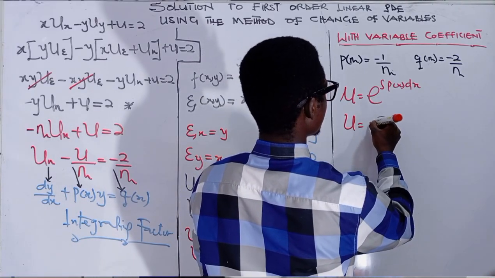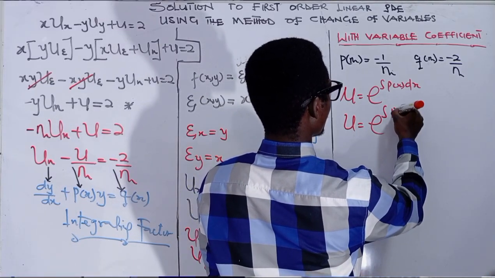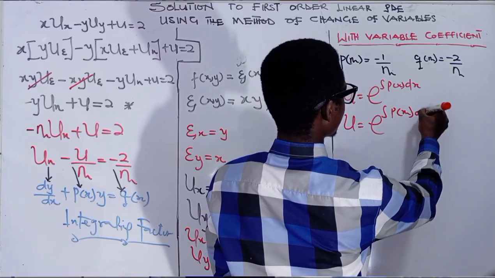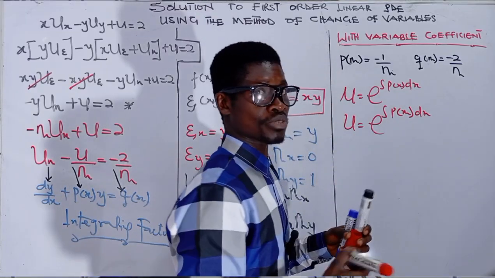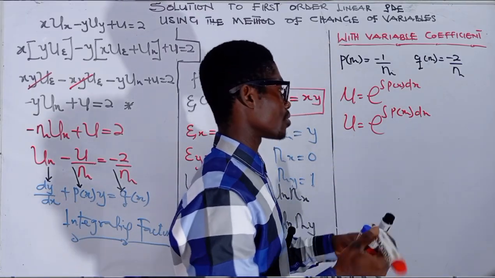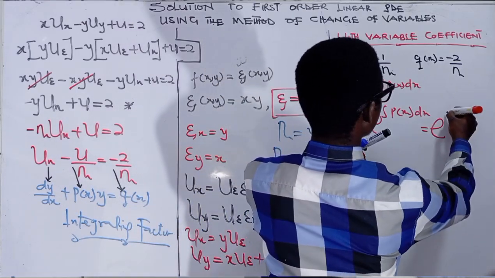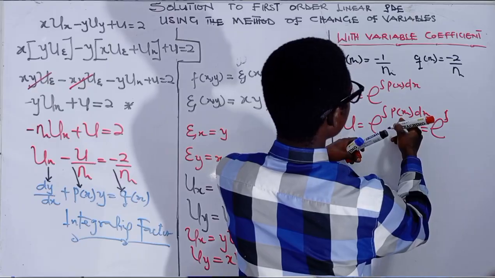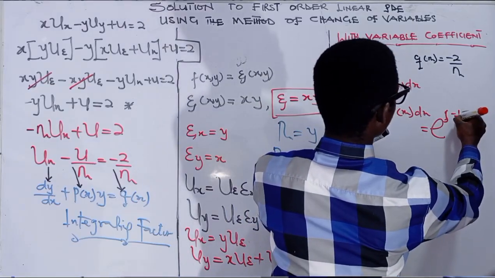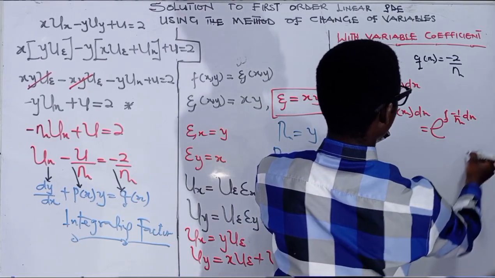So the integrating factor is e to the integral of p of η dη, because we are dealing with ξ and then η, not x and y. So when we plug in this, we are going to have e exponent integral p of η is -1 over η, then we have dη.